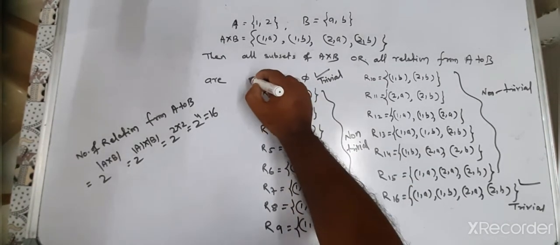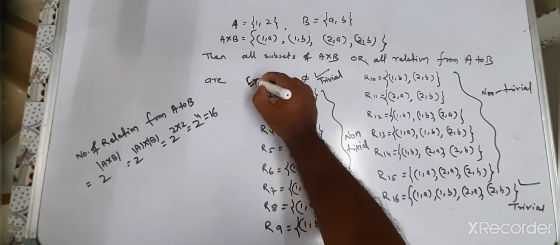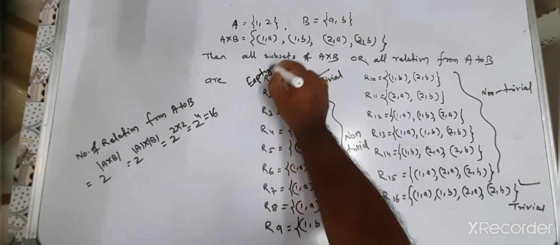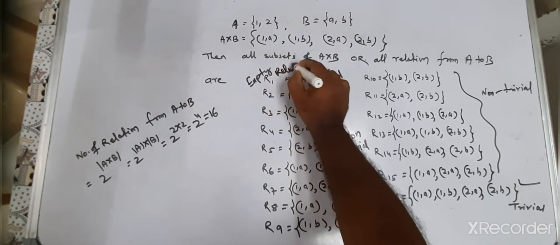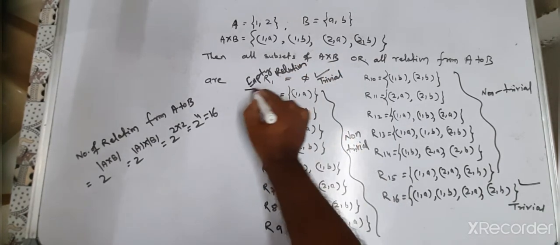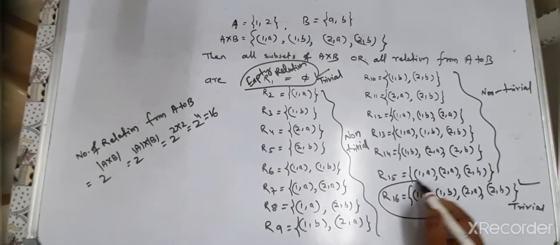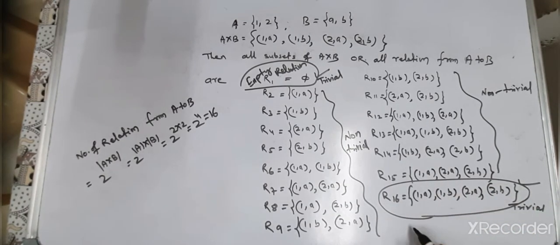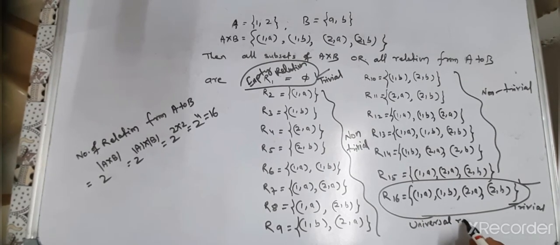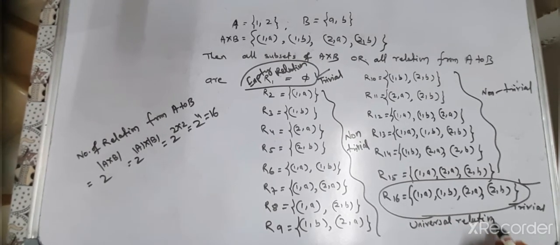This one is called the null or empty relation. And this one is called the universal relation.